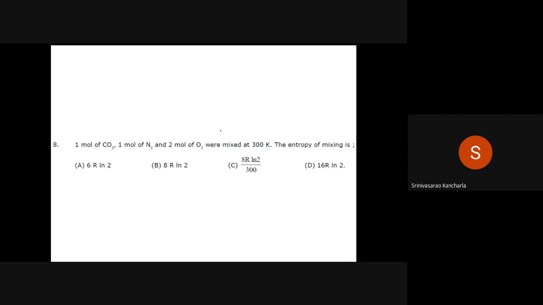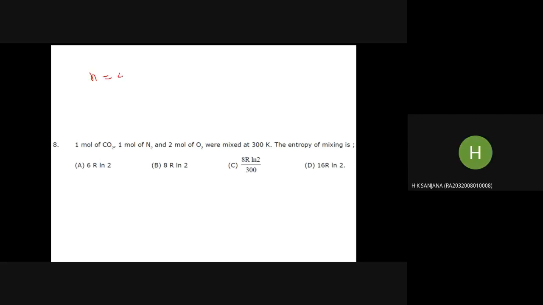The total number of moles is n equal to 4.